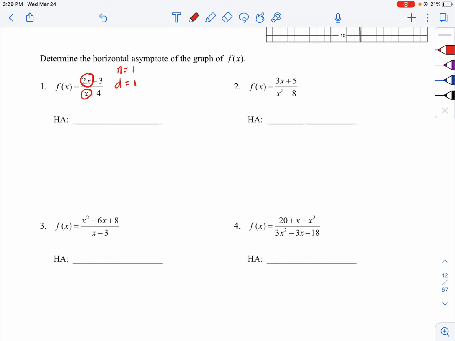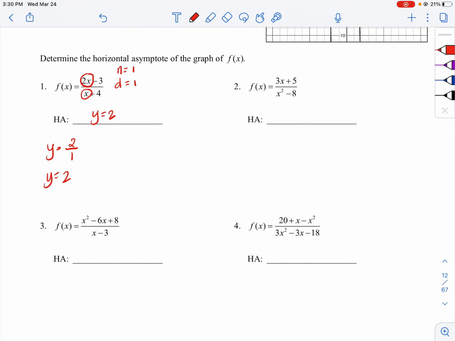So when the denominator and the numerator have equal exponents, you are going to divide the coefficients. So the coefficient of 2x is 2. The coefficient of x is 1. So y is equal to 2. So our HA is y equals 2.